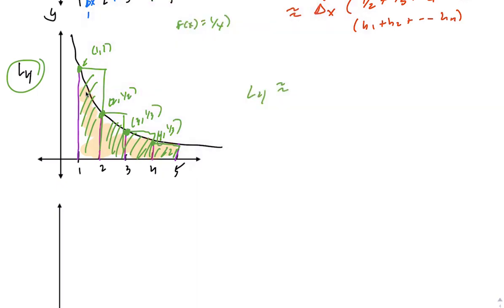If I want to find the area of this guy, it's just going to be the width, which is 1, delta x, which is 1, times the height, left-hand side, 1, plus the next one, same idea, 1 times 1/2, plus 1 times 1/3, plus 1 times 1/4.